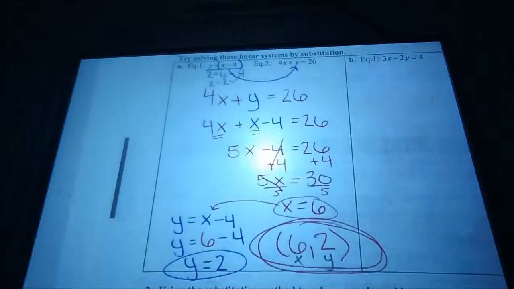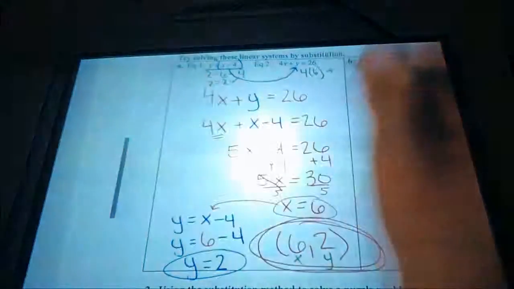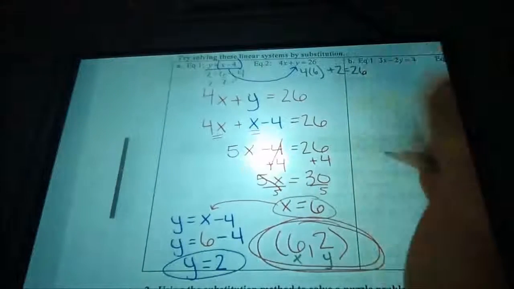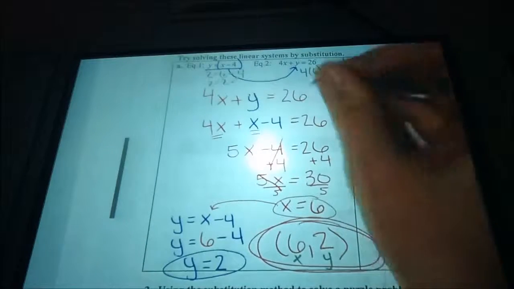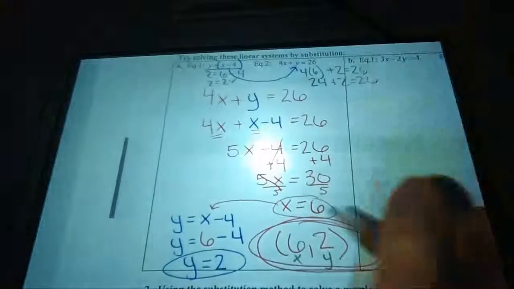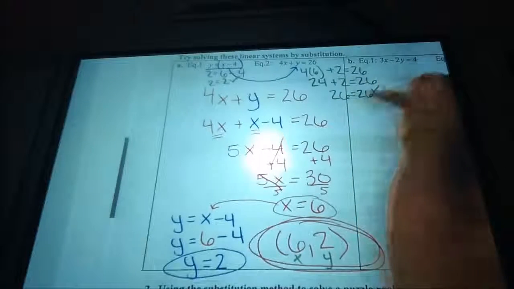This works. For my second equation, if I plug in 6 for x, then 4x becomes 4 times 6 plus y, which is 2. Well, what's 4 times 6? 24. And 24 plus 2 is 26. Hey, it checks out for both of them. Isn't it a beautiful thing?